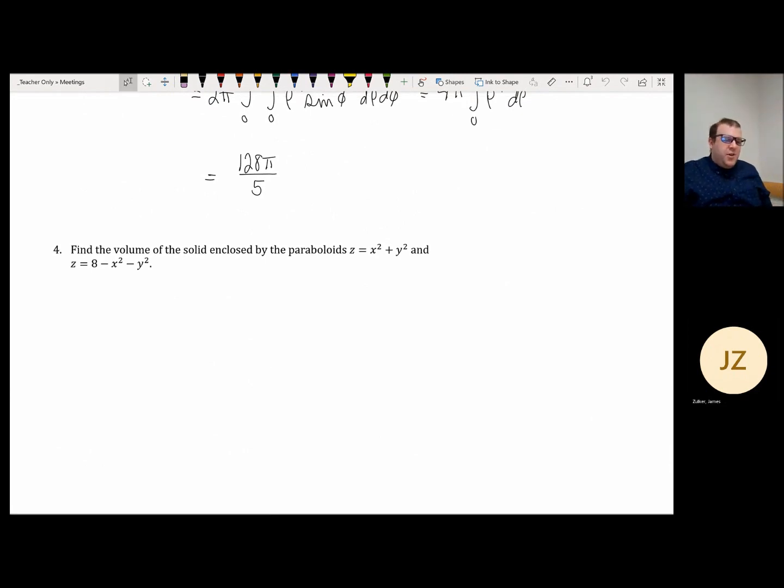Find the volume of the solid enclosed by the paraboloids z equals x squared plus y squared, and z equals 8 minus x squared minus y squared.